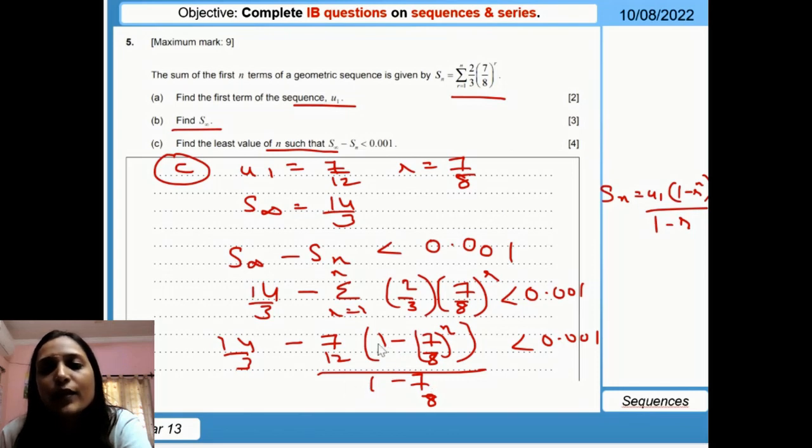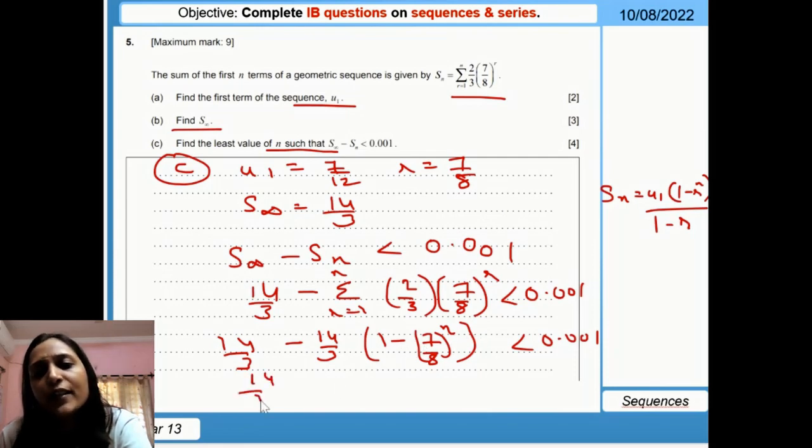So over here I'm going to get 1 by 8 in the denominator, which can then be further simplified as 3 and 2, and this could go on top. So we would get 14 by 3 minus 14 by 3 times 1 minus 7 by 8 to the power n.